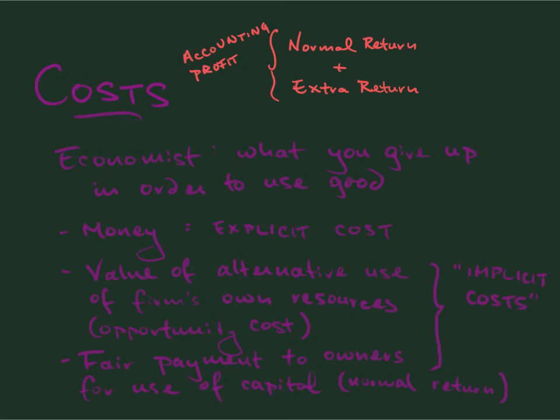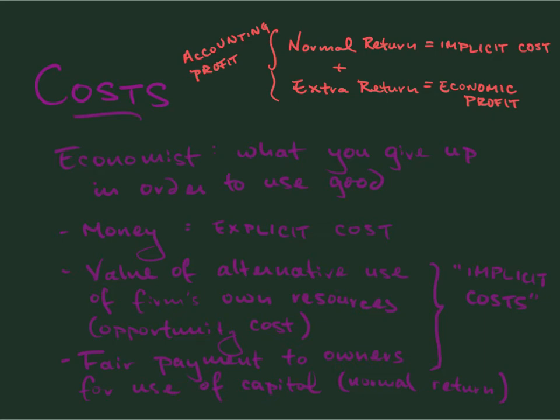be $50 of profit. If the business generates more profit than that, that extra return is considered profit by an economist, but the normal return is a cost of doing business. A cost of doing business, an implicit cost. The firm needs to be able to provide that normal return in order to keep the owners happy and to keep the firm running.